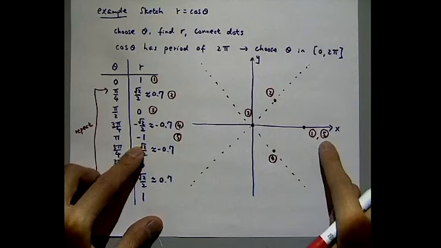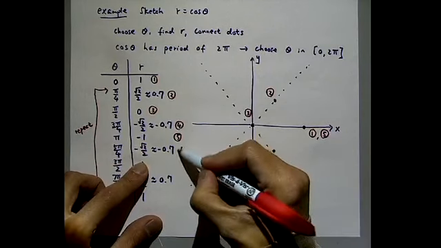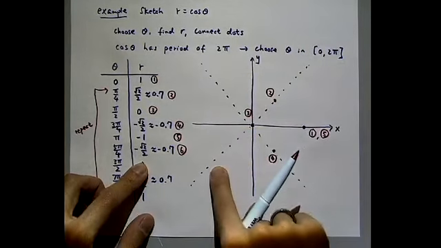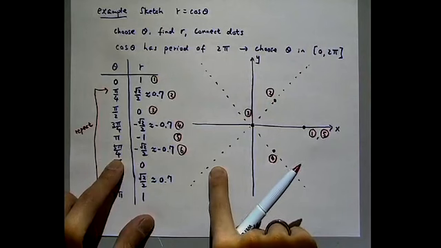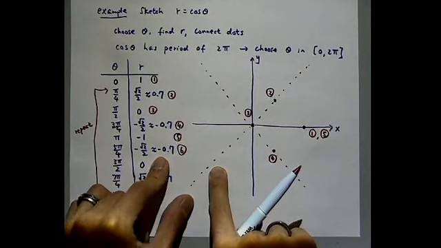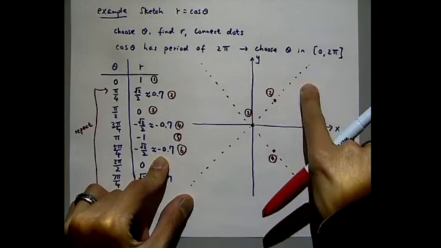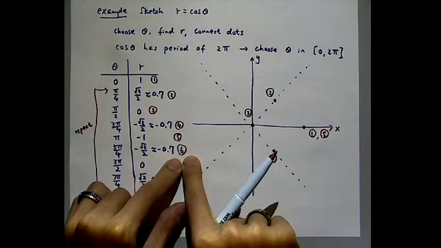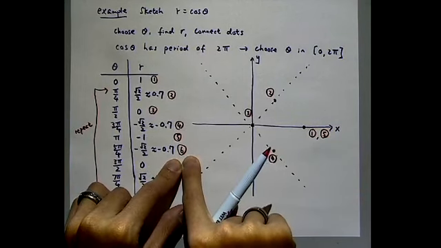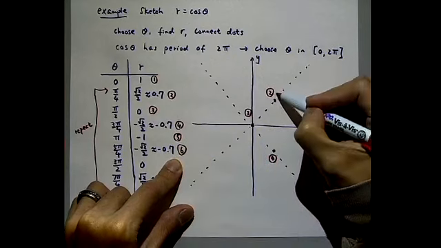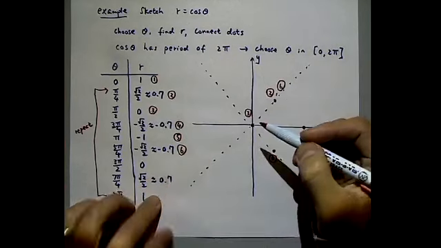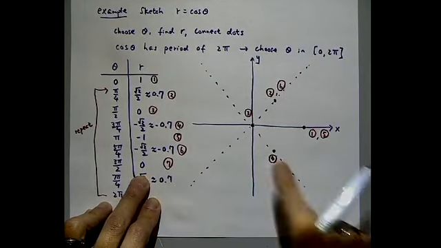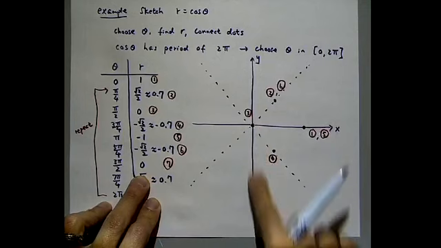Okay? Point number 6. 5 pi over 4. 1, 2, 3, 4, 5. So this takes me to the third quadrant. But then a negative r kicks me into the first quadrant. So do you see that this is the same as point number 2? How about point 7? Where does it go? 3 pi over 2 is right here.